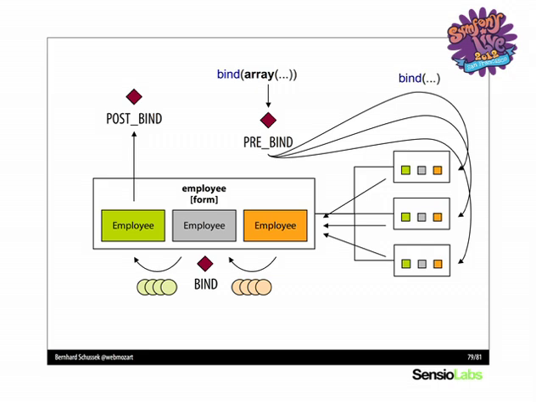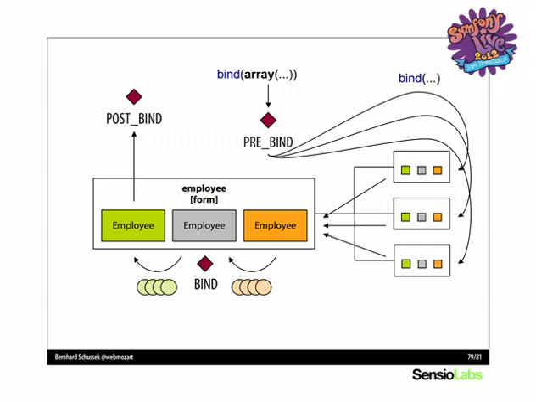The next thing that happens after that event is that the values of that array are written into the children of the form. So the whole form tree to the leaves is updated with the values that have been submitted. Within these fields, the values are transformed back to model format here and here and here.